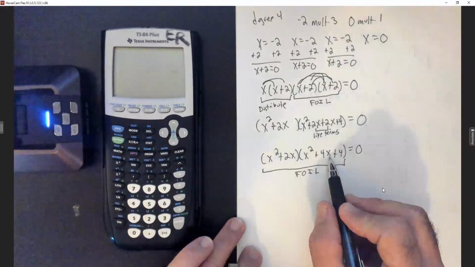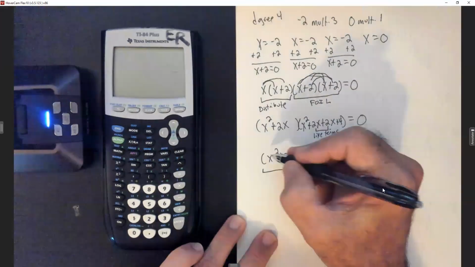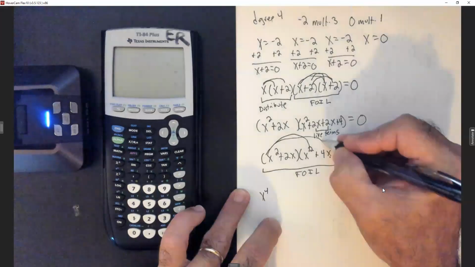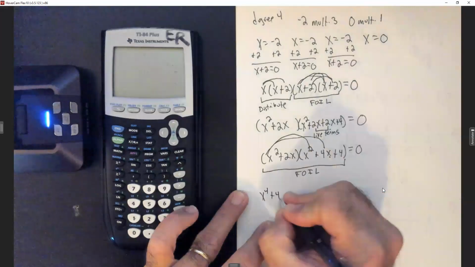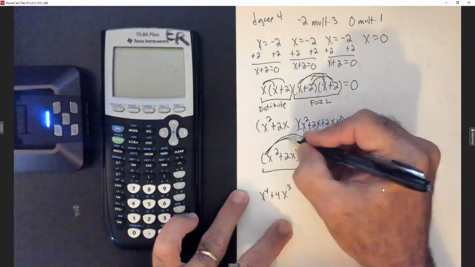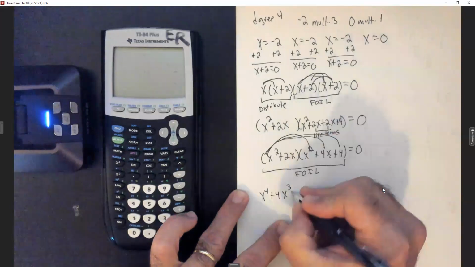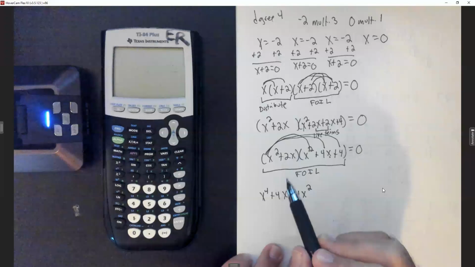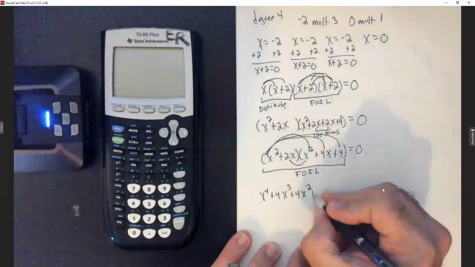So x times x squared is x to the 4. x squared times 4x is 4x to the third. X squared times 4 is a 4x squared. All right, now I do the 2x. 2x times x squared is a 2x to the third.